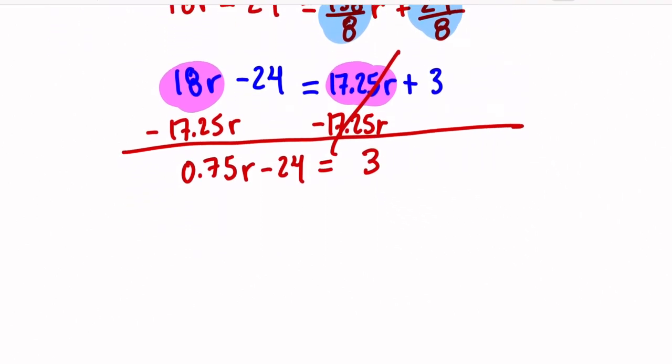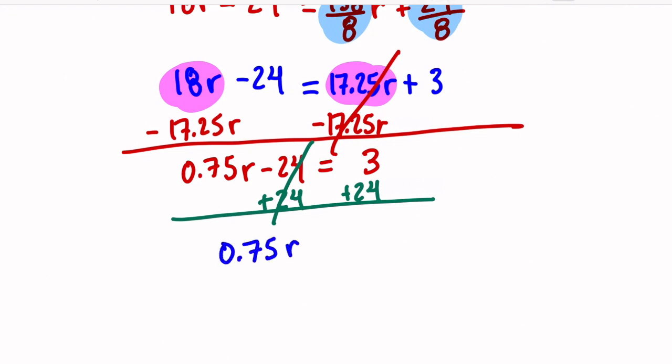Right, it's looking easier. Now we're going to deal with the 24, so plus 24 on both sides of my equal sign. The 24's cross out because you get 0. Bring down the 0.75r, bring down the equal sign, and then 3 plus 24 is 27.